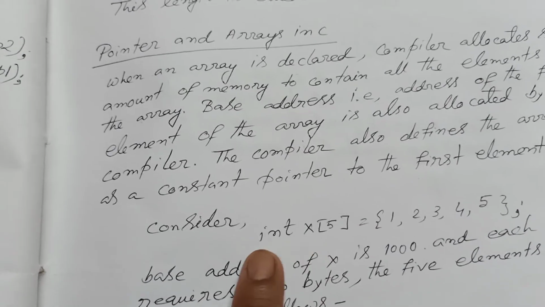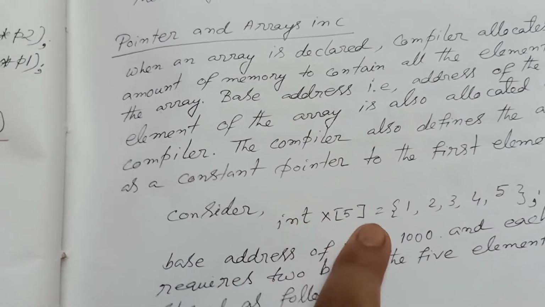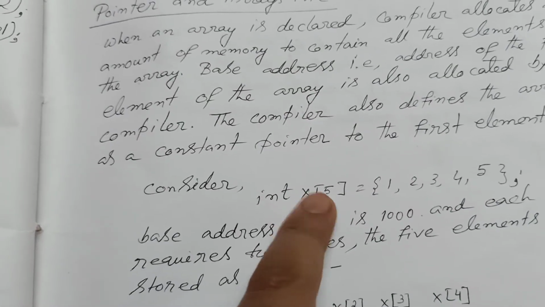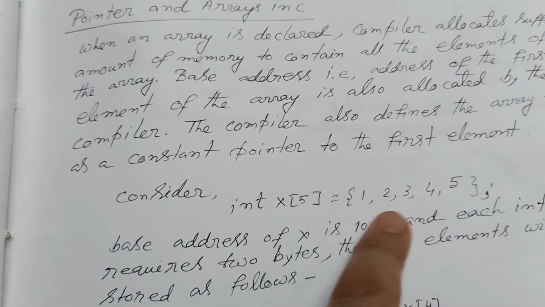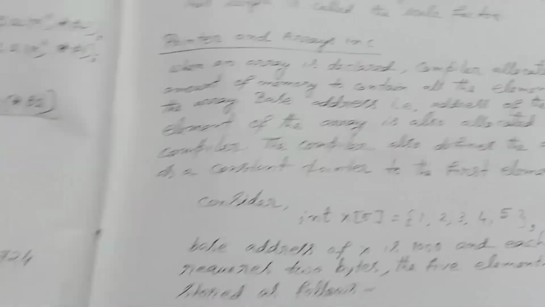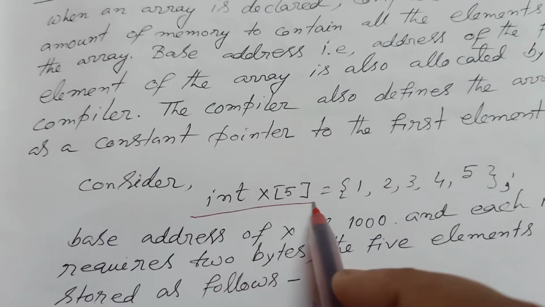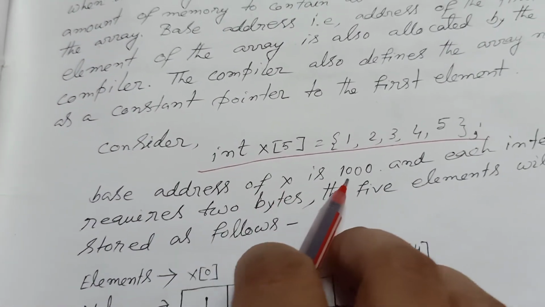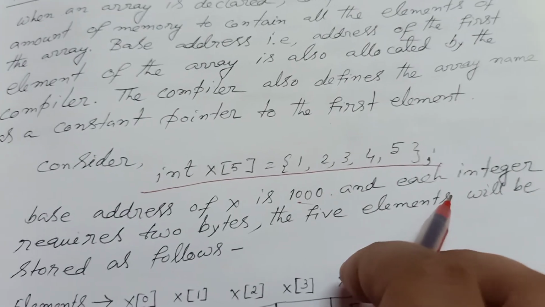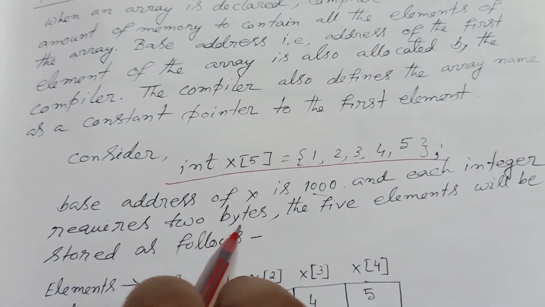Now consider int x[5]. That means this x array contains the 5 elements 1, 2, 3, 4, 5. This is the representation. We can represent the array. Base address of x, suppose 1000, and each integer requires 2 bytes.